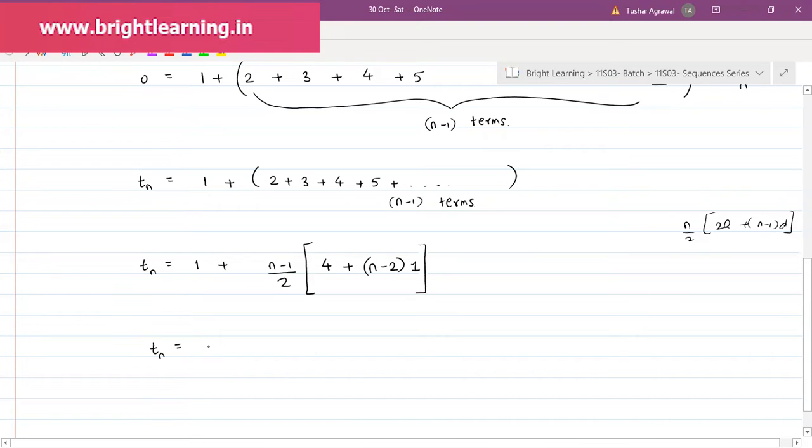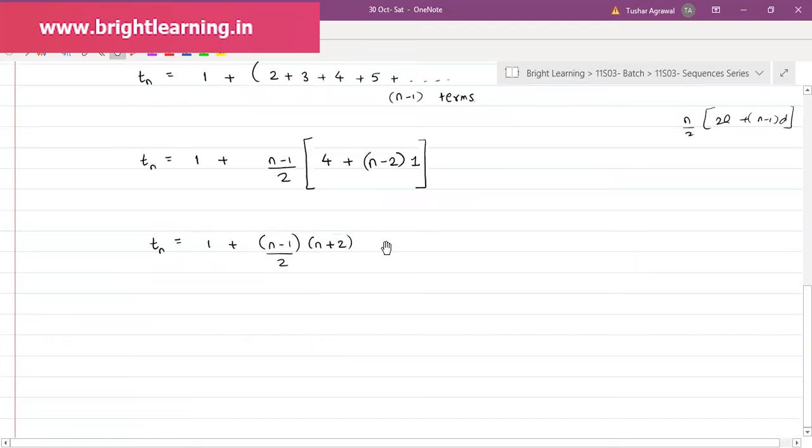And then Tn is equal to 1 plus n minus 1 upon 2 times this bracket, which if you solve turns out to be n plus 2. This is n minus 1 upon 2, this is n plus 2 upon 2.